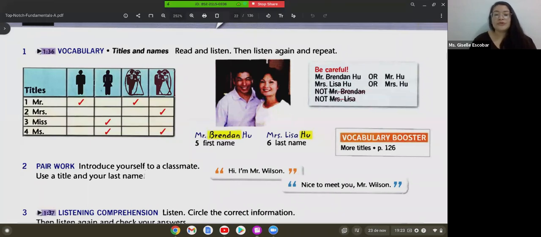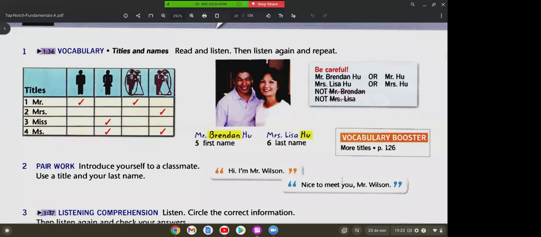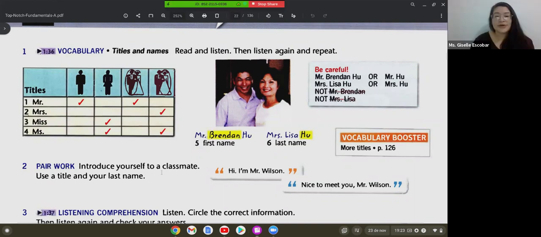So, todos nosotros vamos a presentarnos ahorita con un title y nuestro last name, ¿sí? Nuestro apellido. So, I'm gonna go first. Hi, I'm Miss Escobar. And we have the response, right? Nice to meet you, Miss Escobar. Perfect.